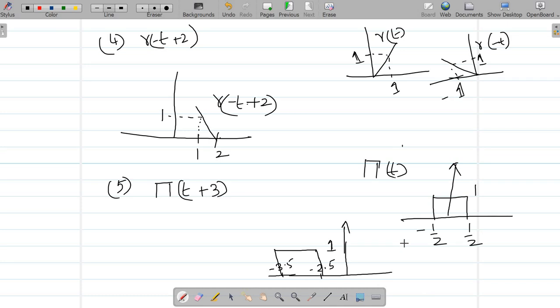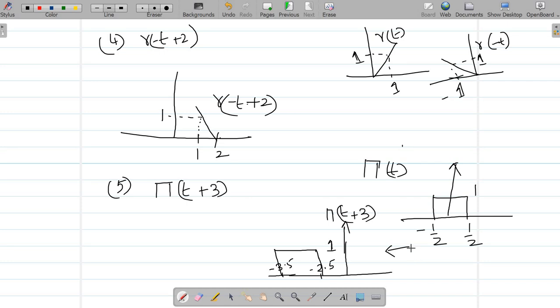So this is how we have actually tried to shift it in the negative direction. So what we have derived is a rectangular wave t plus 3.